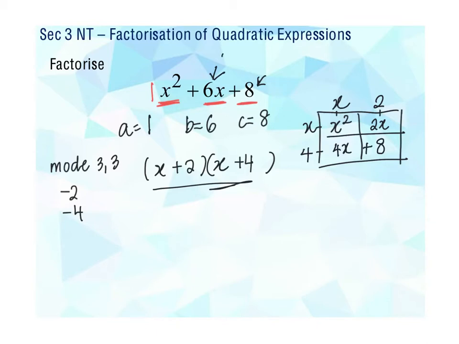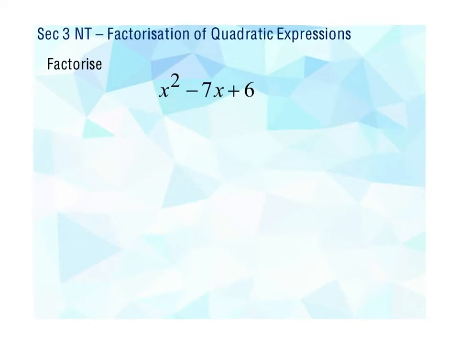So 2x plus 4x will give me positive 6x. So in this case, both the signs are addition. And we will have x plus 2, x plus 4. We know that. Let us practice one more question of this type.